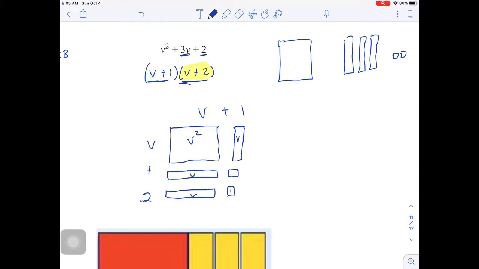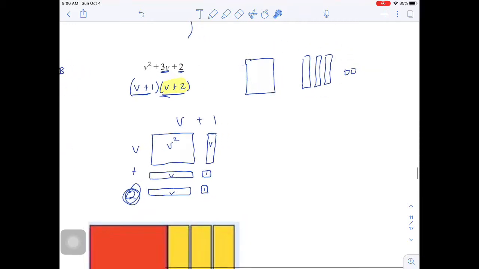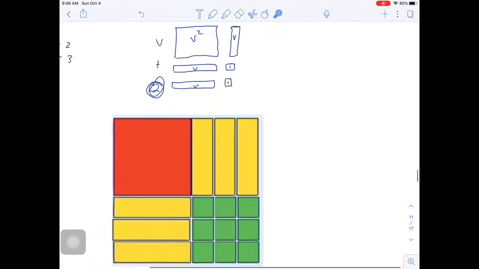Now recognize we've just rearranged this into a rectangular shape, and we've represented the factors of this. So we can see that there's 1 v squared, there's 3 v's, 1, 2, 3, and then there's 2 single units, 1, 2. v plus 1 is represented on the top, and v plus 2 is represented on the bottom. So here are our factors, and from here we can show the entire trinomial.